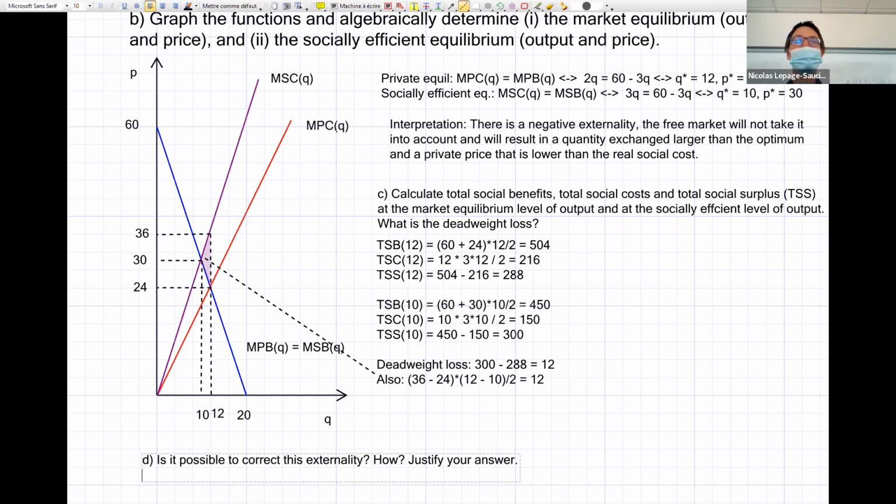I'm not saying it's bad, it's super efficient in some ways, but the goal here is, of course, to reduce the quantity. So we should have something that discourages transactions on this market. Any idea?